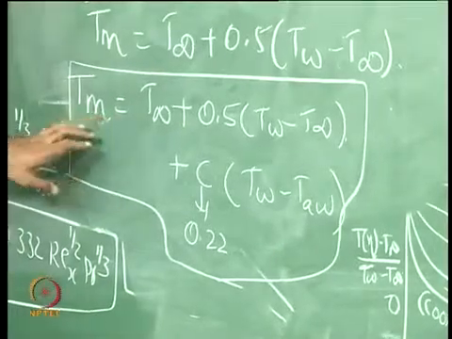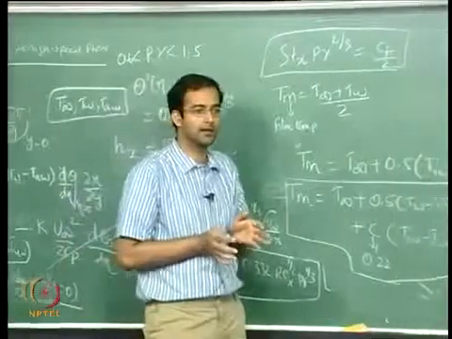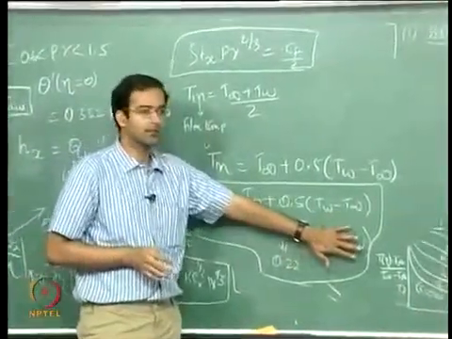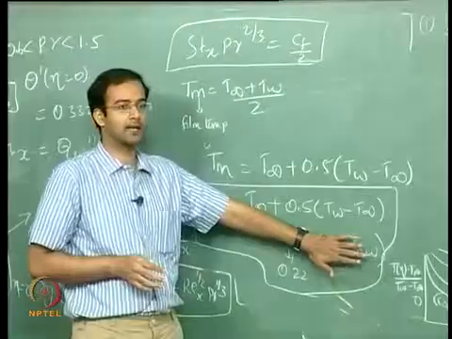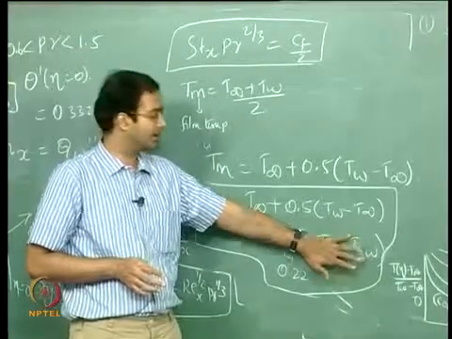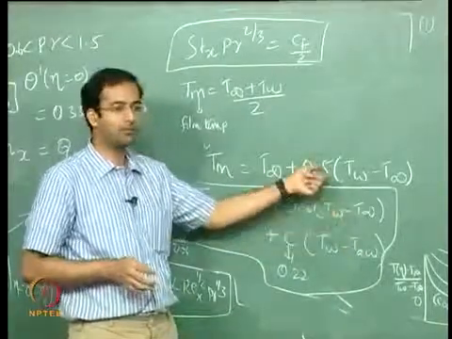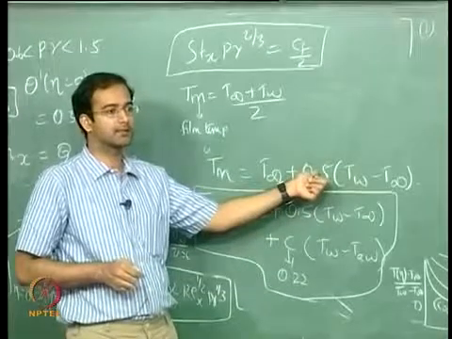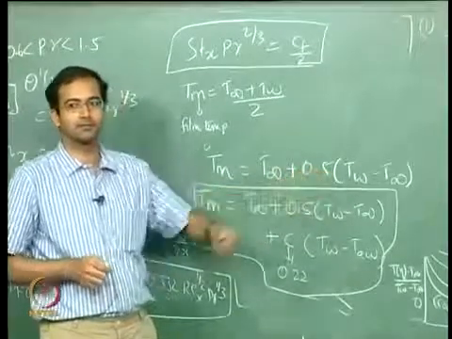Okay, now for the limiting case where you don't have viscous dissipation, the T wall will become exactly equal to T adiabatic wall. So it will reduce to the form of your earlier case, that is your film temperature.